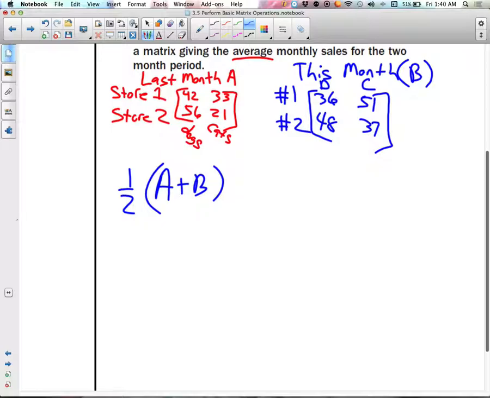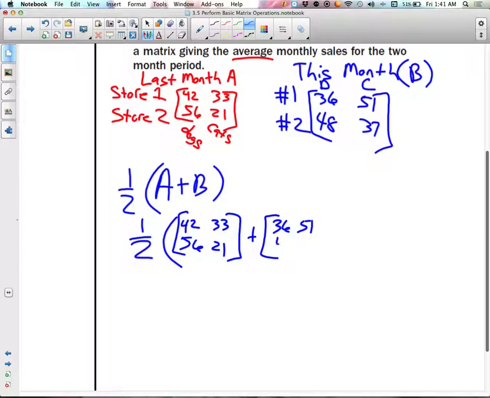So let's calculate this average. I'm going to go 1/2 times matrix A, which is 42, 33, 56, and 21. Plus matrix B, which is 36, 51, 48, and 37.